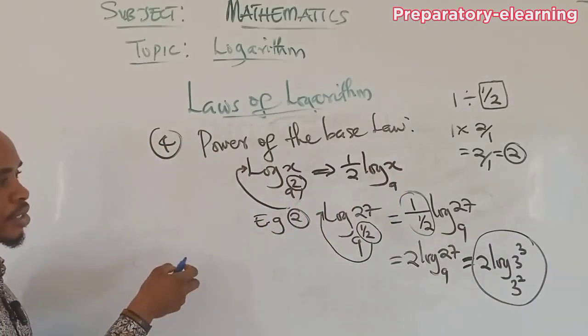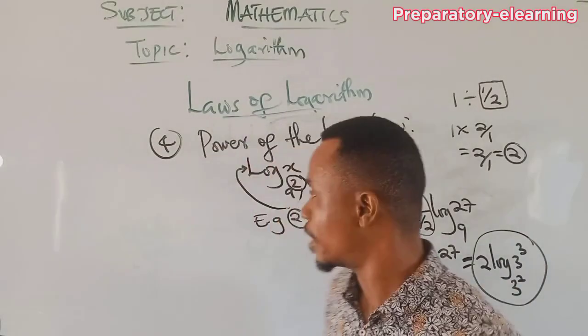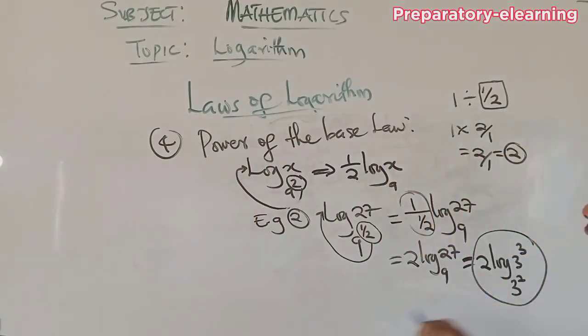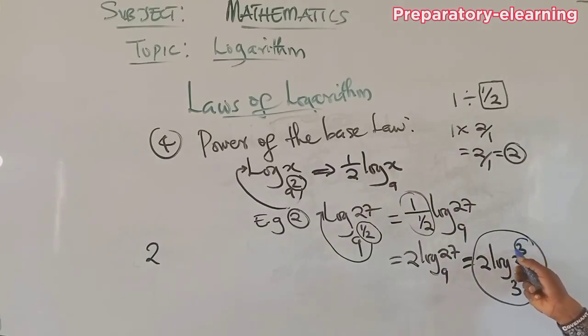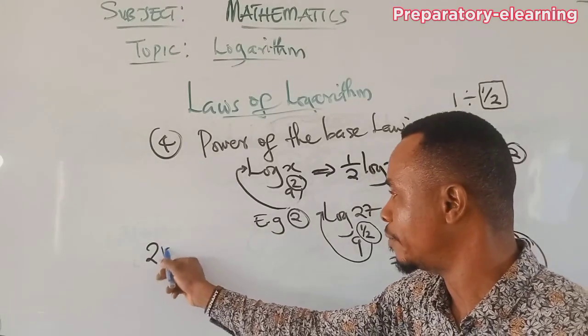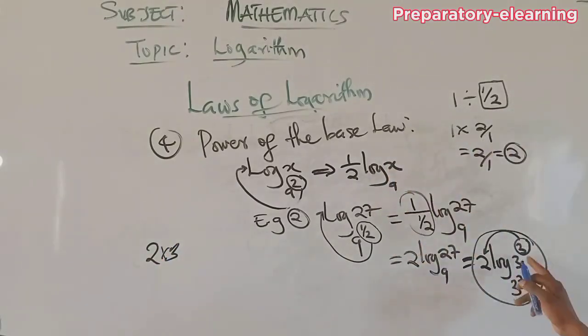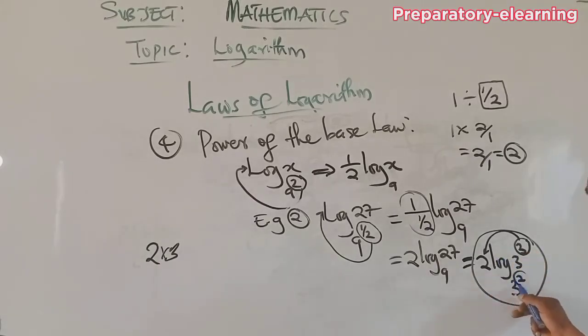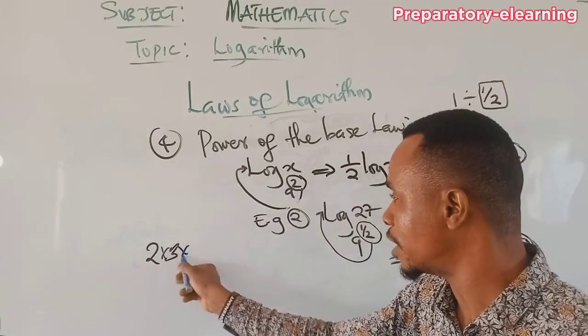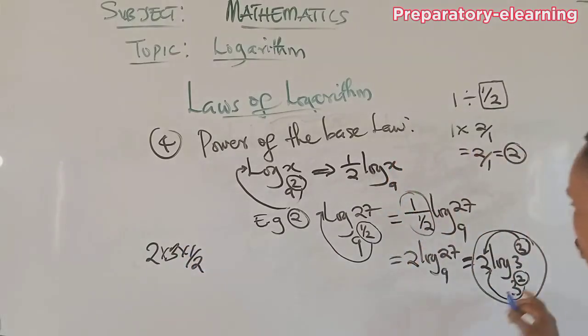We now have this 2 here. This power 3 that is here coming to meet this 2 is coming as times 3. Mind you that the 3 as it is here, you still carry it exactly how you have it here. But for this 2 that is here, as it is coming behind the log, it's coming as 1 over. So you still put times again, 1 over 2 for that one.